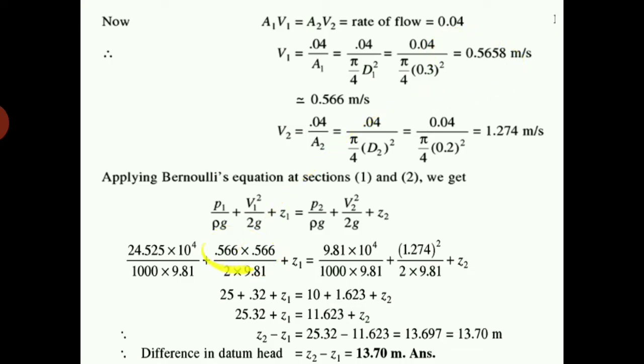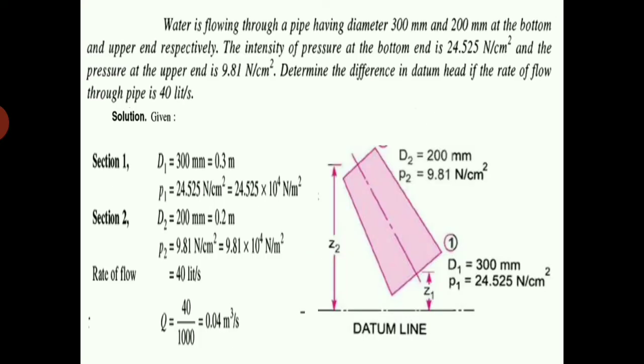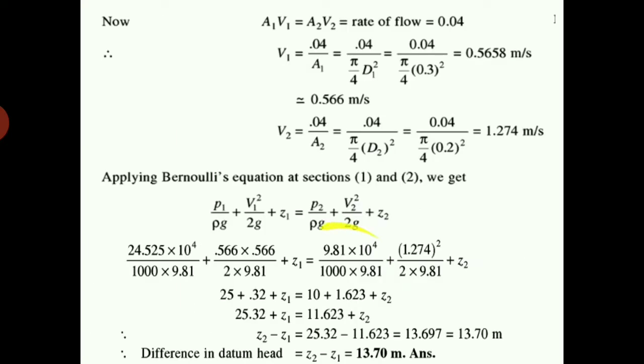So we'll be substituting over here V1 square by 2 into g plus Z1, that is unknown to us, plus P2 by rho g, that is pressure at section 2. Pressure at section 2 is 9.81 into 10 to the power 4 Newton per meter square. We are substituting this over here.